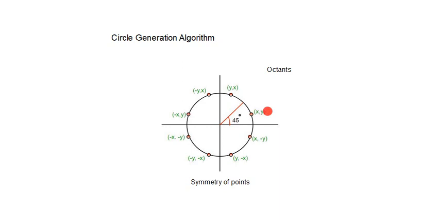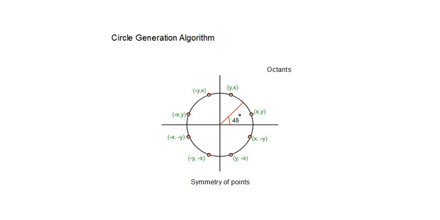If we have (x, y) for this point, here it will become (x, -y), because horizontally this is also x, this is also x. What has changed? Y has changed. It was y, now it has become minus y.